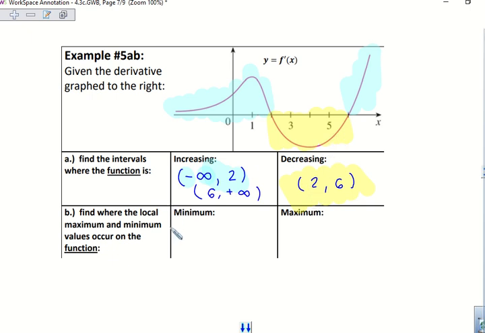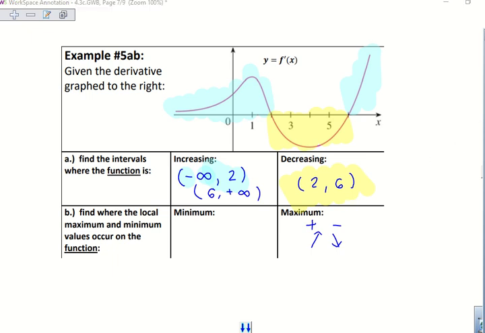So it says find where the local maximum and minimum occur. A minimum occurs when we change from positive to negative. Oh, wait, that's a maximum. We have it backwards. I draw it out every time; it just makes more sense in my head.